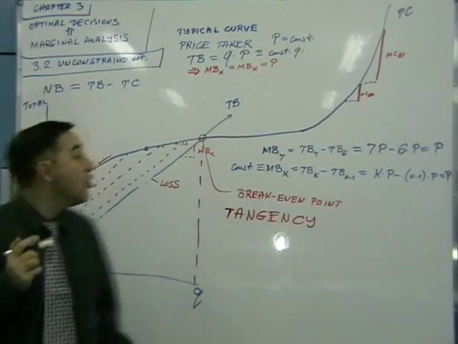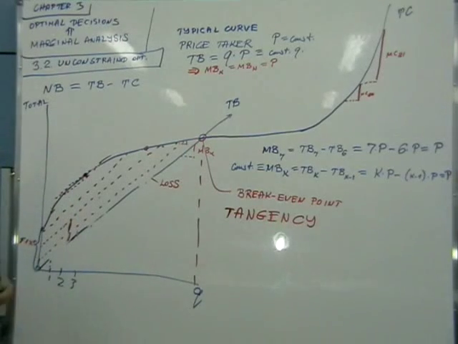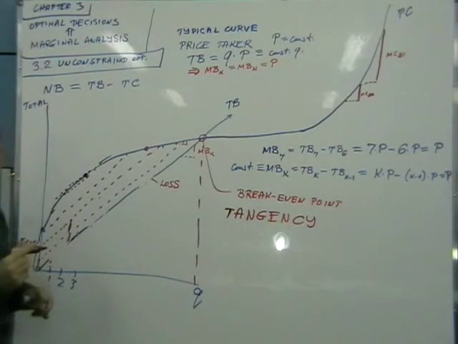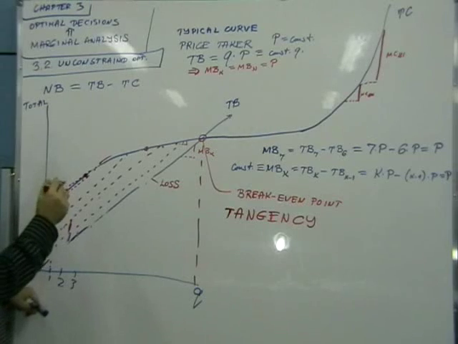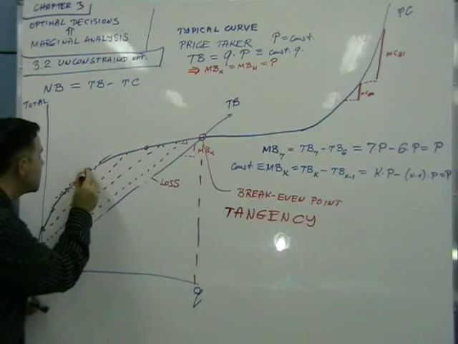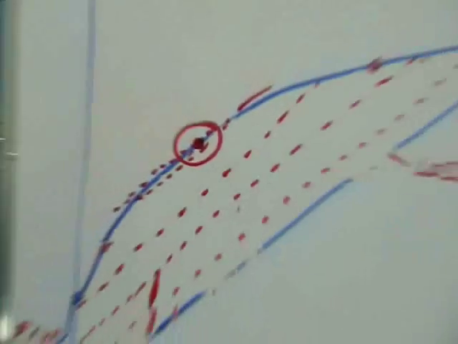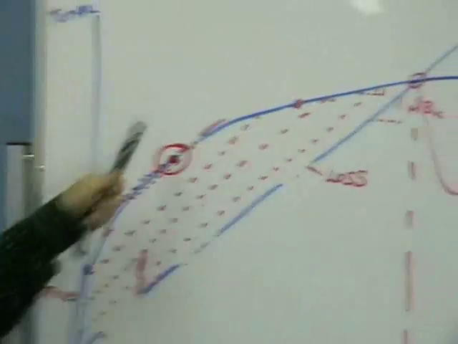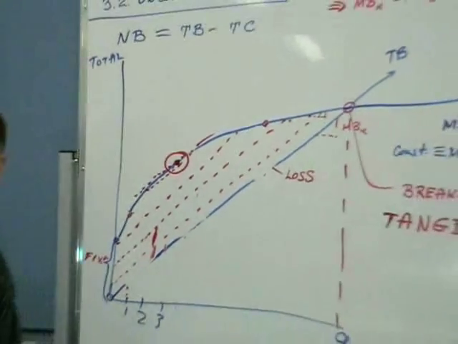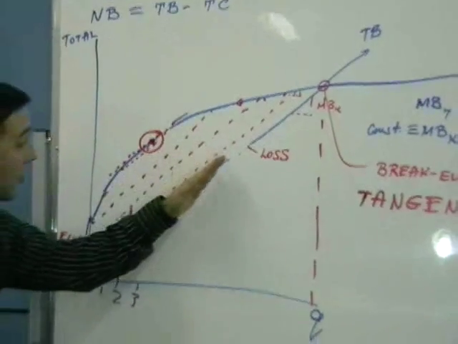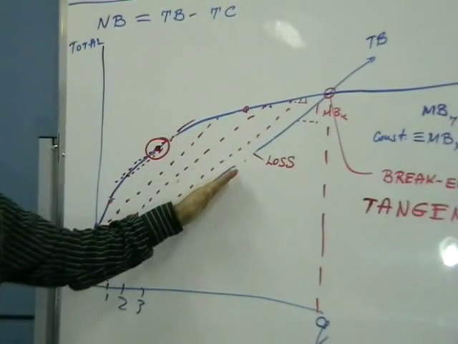All right? So, the point of tangency will guarantee you, so I'm just making here a really big circle for those on the back to see it. And this circle, I want to represent the center of this circle, is the point of tangency. And the point of tangency represents the furthest out from the benefit.